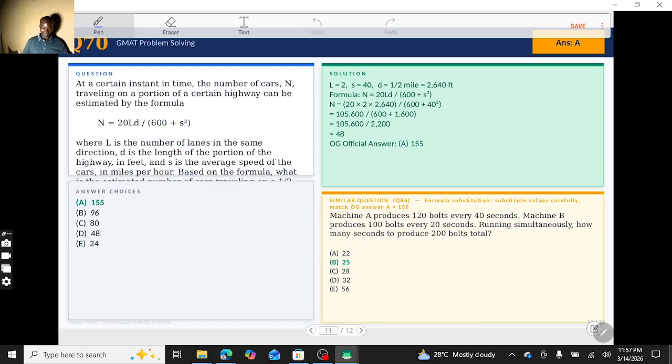At a certain instant in time, the number of cars traveling on a portion of a certain highway can be estimated by the formula. So all you need to do is to input all this, use this formula. Remember, L is 2 because it says where L is the number of lanes in the same direction, D is the length of the portion of the highway in feet, and S is the average speed of cars in miles per hour based on the formula.